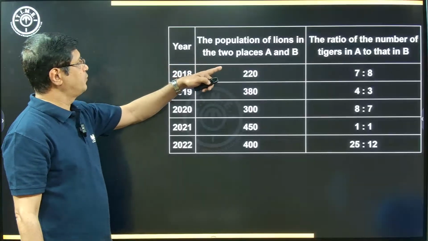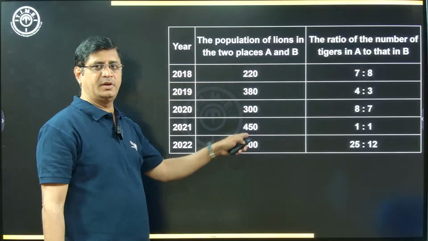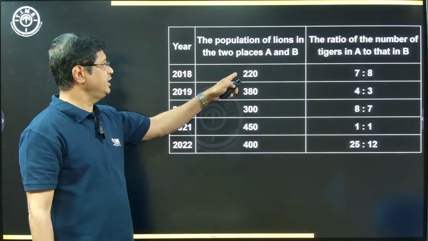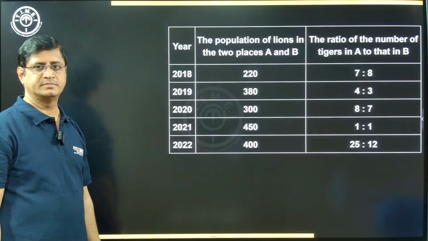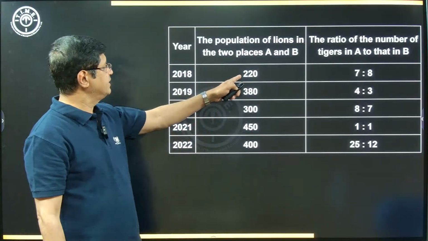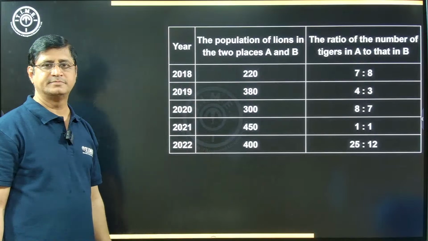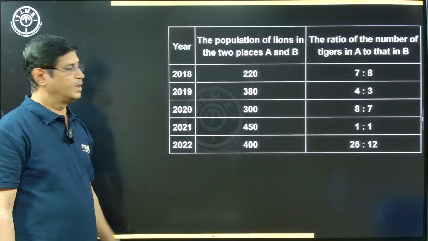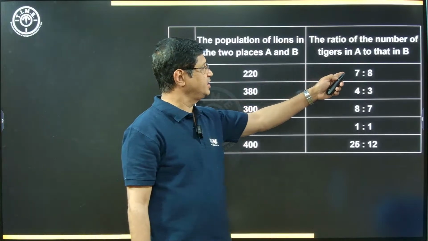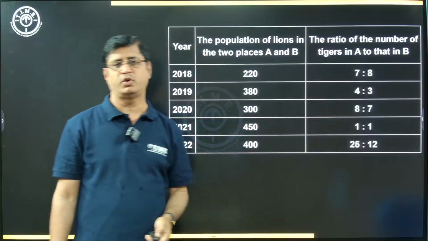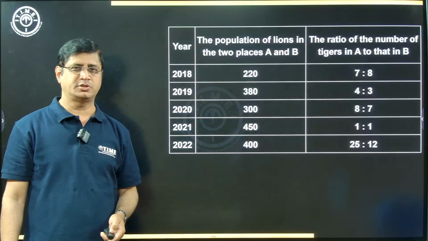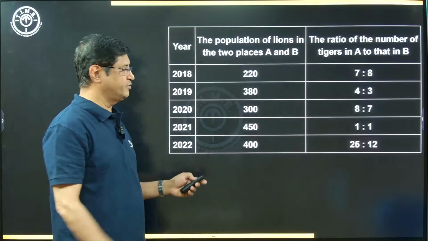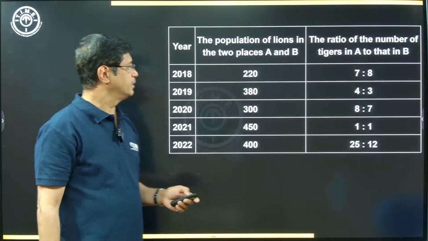Year-wise population of lions in two places A and B. Lions in A and B: how much here? 220. 220 lions in 2018. And what about the tigers? The tigers in A and B are in the ratio 7:8. Just look at the bar graph as well as this table.